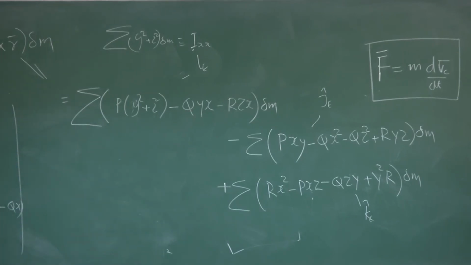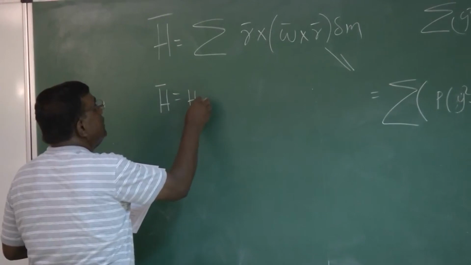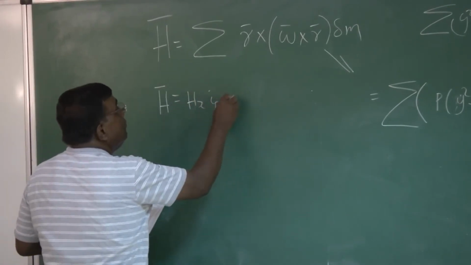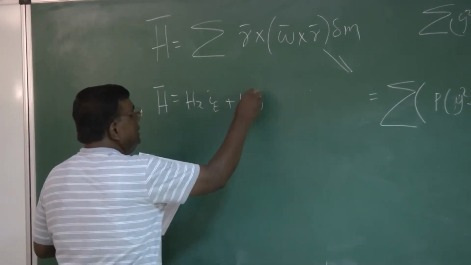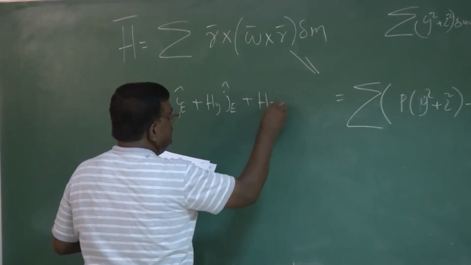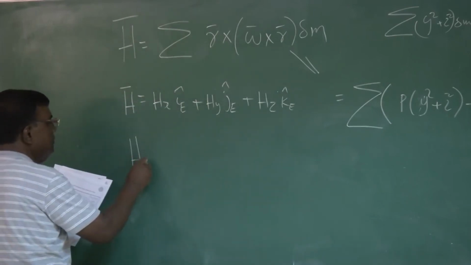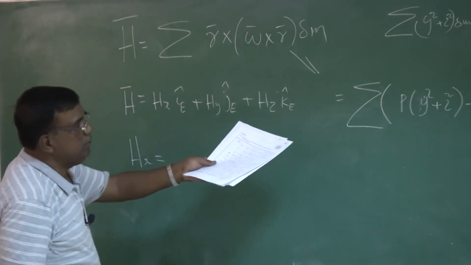And finally, if I do this operation, what I get is important. I get H equal to Hx Ie plus Hy Je plus Hz Ke, where Hx is nothing but the first term with the Ie.